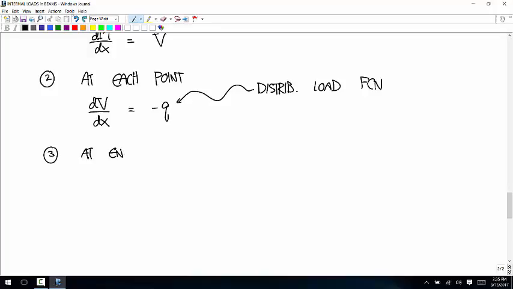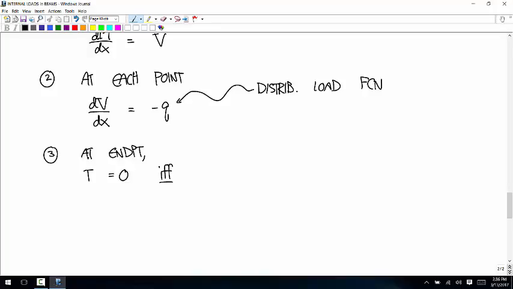At any endpoint, first of all, the tension is equal to 0 if and only if. Have you seen this symbol before? They use that in math. If and only if, okay, so go to an endpoint, either endpoint of a beam. And the question is, is the tension 0 at that endpoint that you chose?